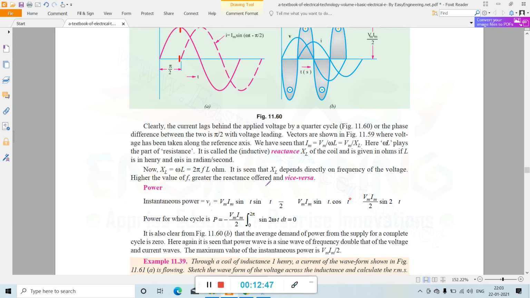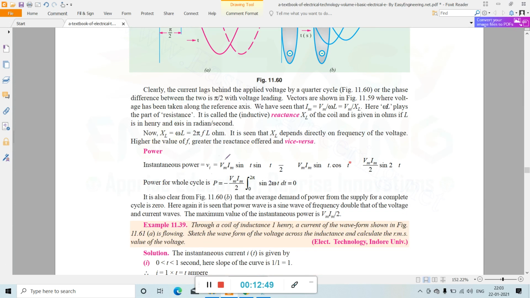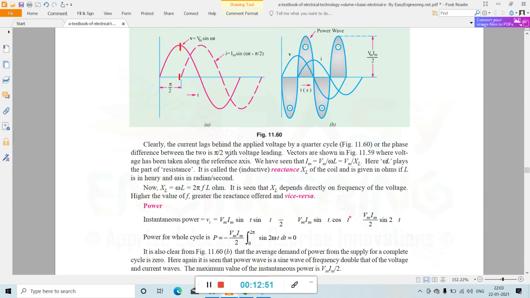From this we clearly find that current lags behind the applied voltage. If this is the applied voltage V, then the current I lags behind like this.